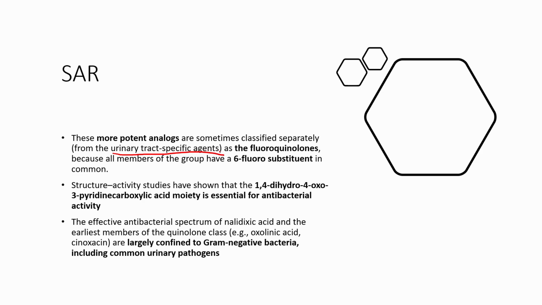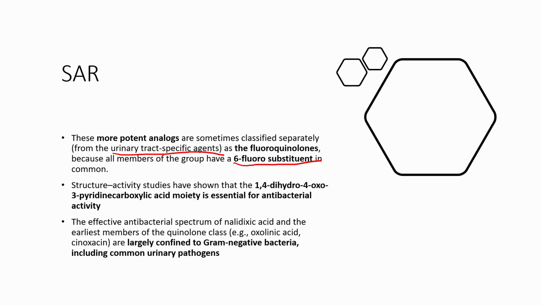So if your quinolone does not have the 6-fluoro substituent, their use is only limited to the urinary tract. However, newer quinolones that have the 6-fluoro substituent have more activity in other types of bacteria, primarily gram-negative bacteria.